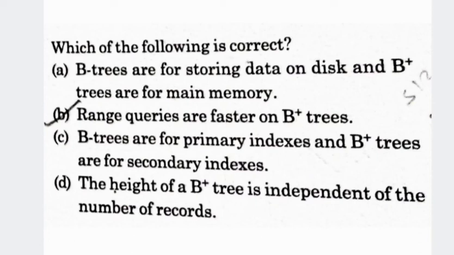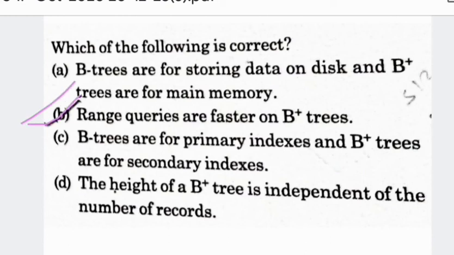Statement C: B trees are for primary indexes and B plus trees are for secondary indices. Option D: the height of the B plus tree is independent of the number of records. So we easily say that option B is your correct answer. Now come to the next question.